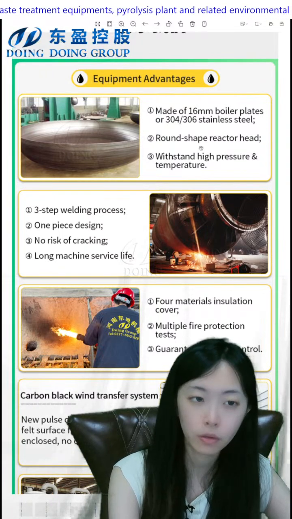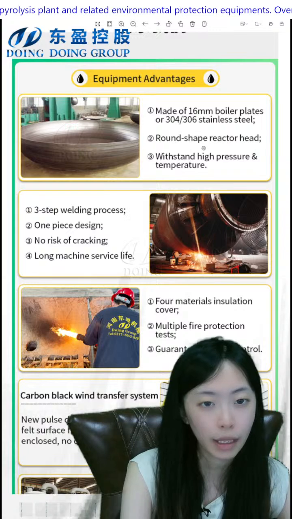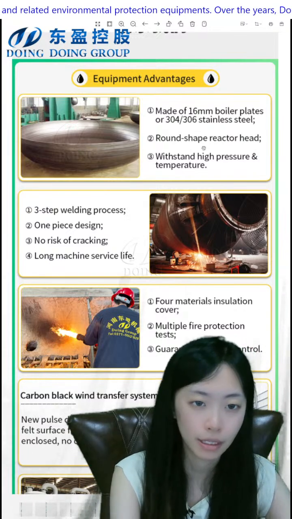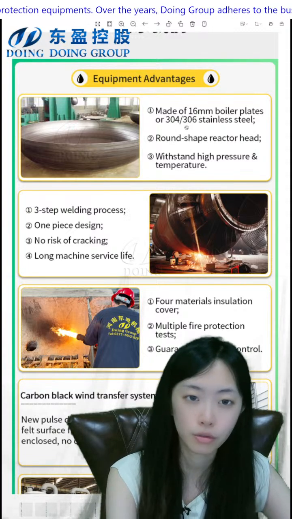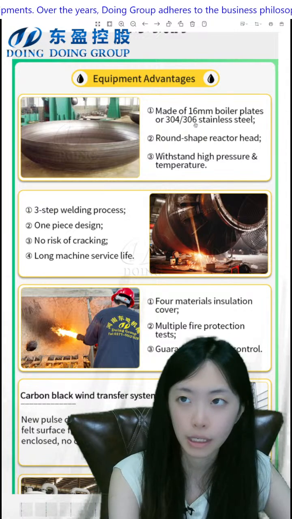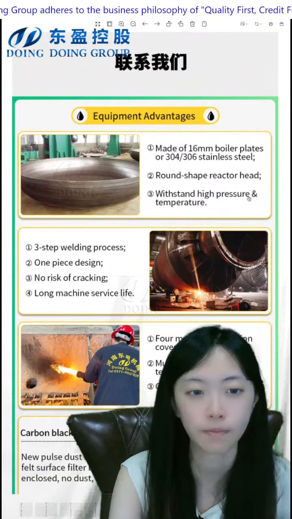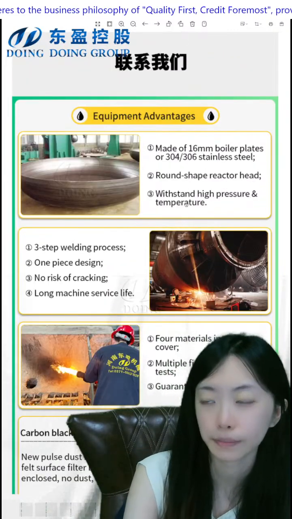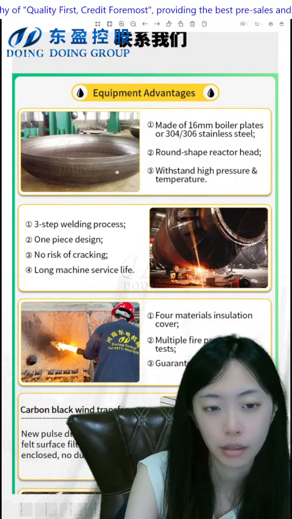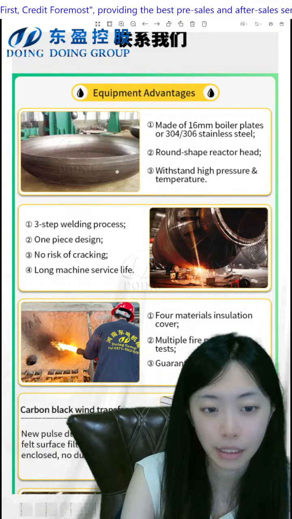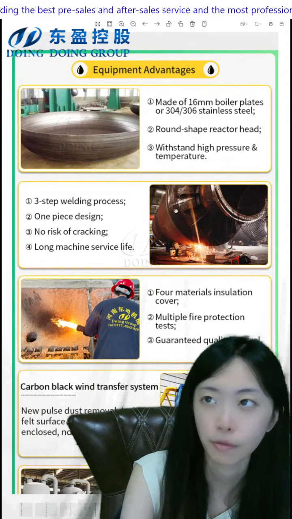If your raw material is oil sludge or coal tar sludge, because it has some corrosive material, we need 103 or 304 or 406 or 310 stainless steel. This all can change. The different design can change. If the raw material is carbon black or steel wire, the plastic or the waste tire, then the boiler plate is also suitable for the material.